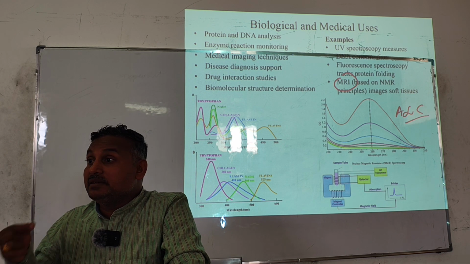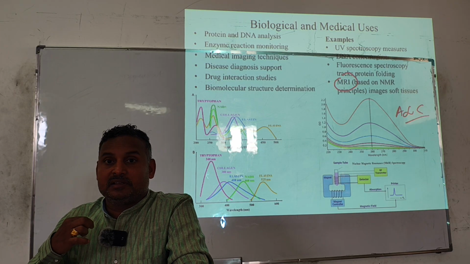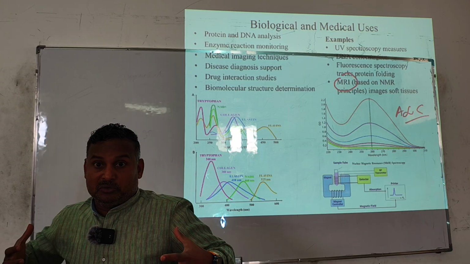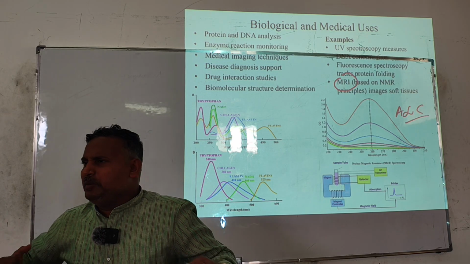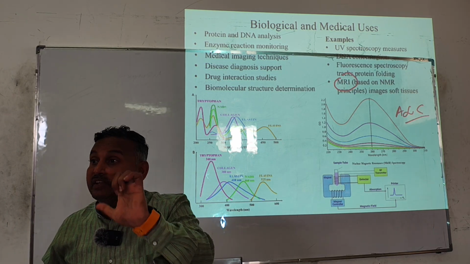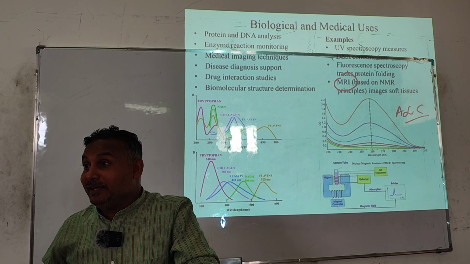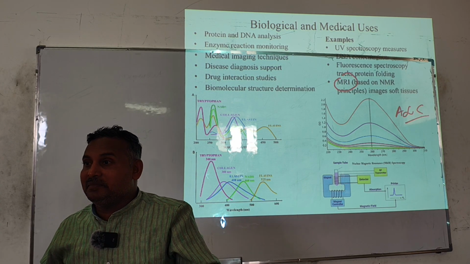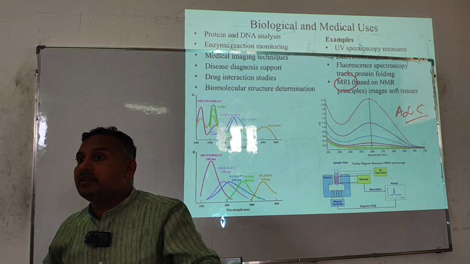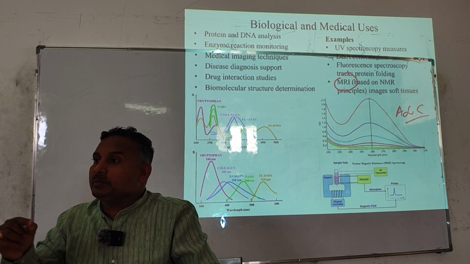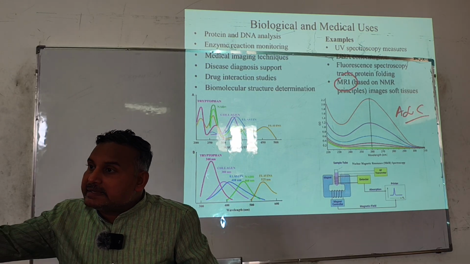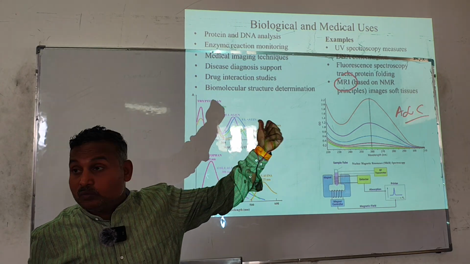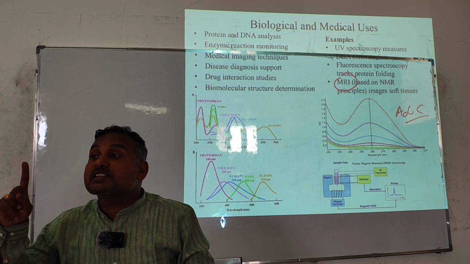Sometimes the players will take some drugs. When they take the drug, there will be a lot of stimulation, and they will be performing very well because of the drug. Actually, it is a crime. So to avoid these kinds of things, usually they collect the sample from every player and analyze by using this instrument, particularly fluorescence spectroscopy and phosphorescence spectroscopy.